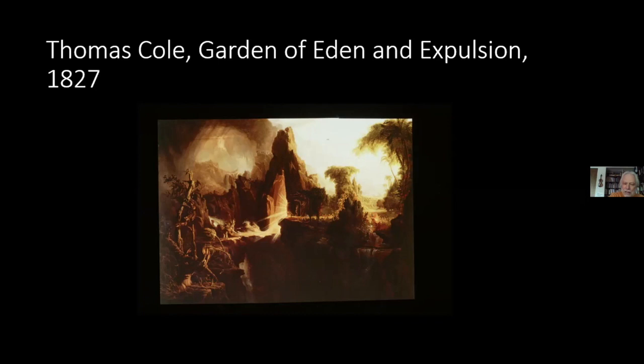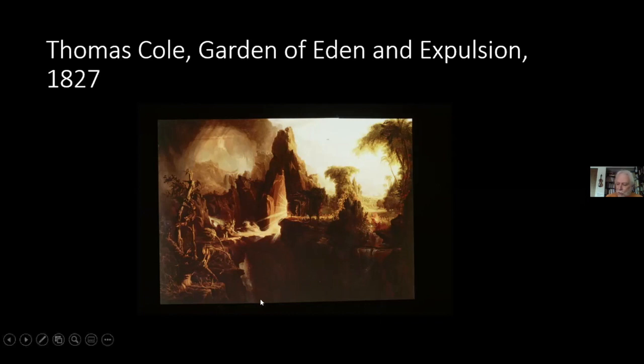And we see the tiny figures of Adam and Eve having just come through the gate and the archangel is there at the gate with the flashing sword to make sure neither they nor anyone else can ever return.